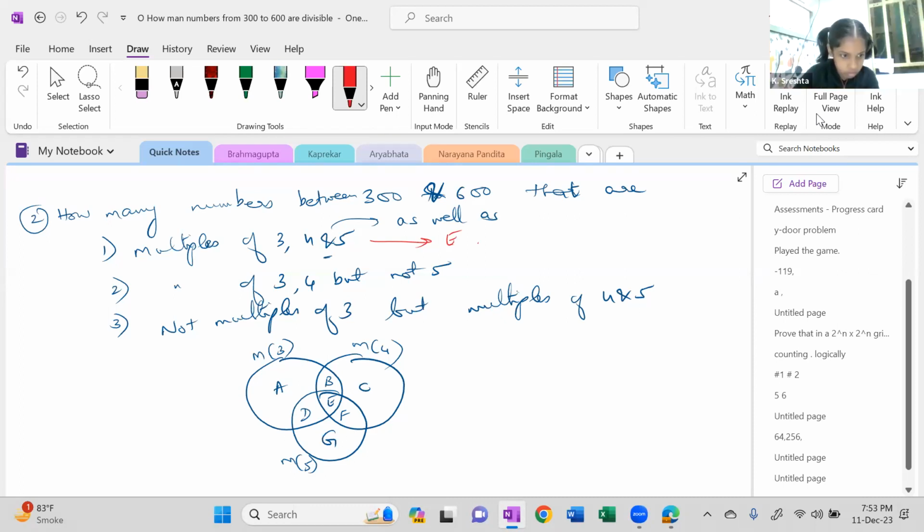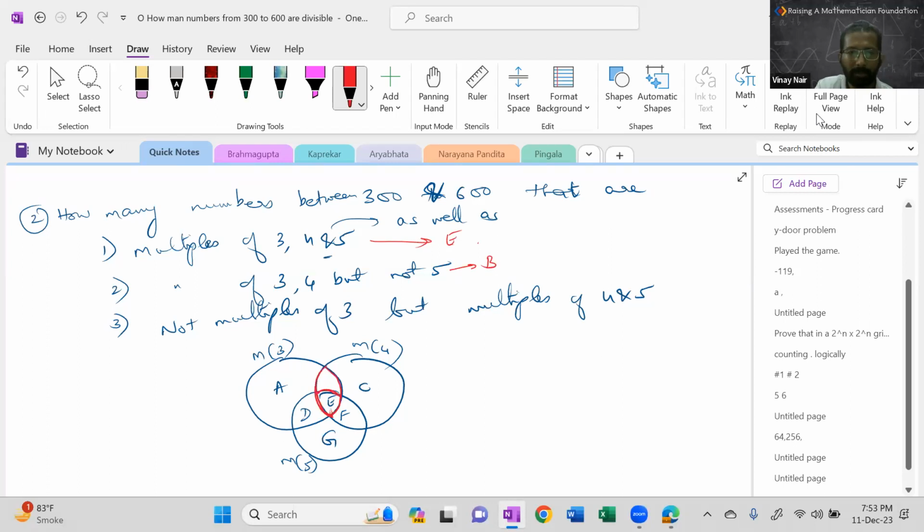B, sir. Yes, it is B, right? This is the section. So when we are saying 3 as well as 4, you are talking about this petal, but not 5. That means it cannot be E. So the only place that is possible is B.